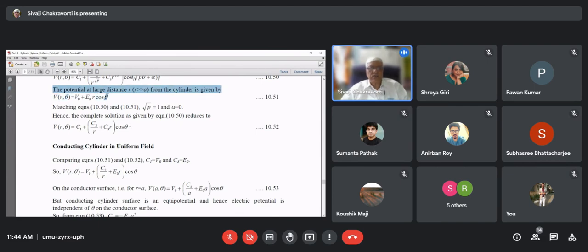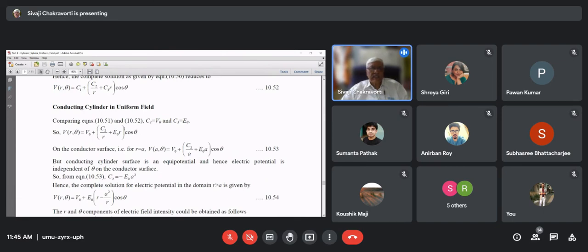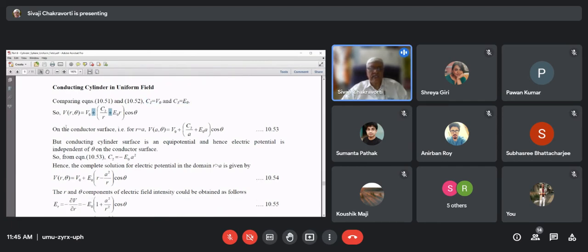For r is equal to a, that is on the surface of the cylinder, we write the equation of potential. And then we say that this potential has to be the same at every value of theta. So the coefficient of cos theta must be 0. Therefore, C2 by a plus E0 into a is equal to 0, or we get C2 is equal to minus E0 a squared. So therefore, the solution becomes equation 10.54.